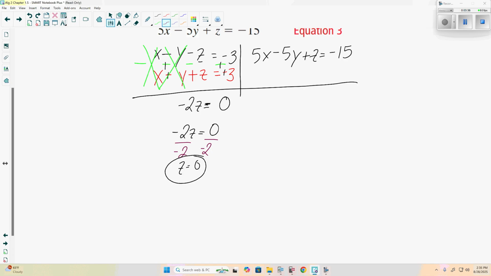We know z's value, yes? That means I could plug it into this other equation, let me write, and then we can use this new equation with our eliminator equation, which is our x minus y plus 0 equals negative 3. We're removing z from it because we already know the solution.